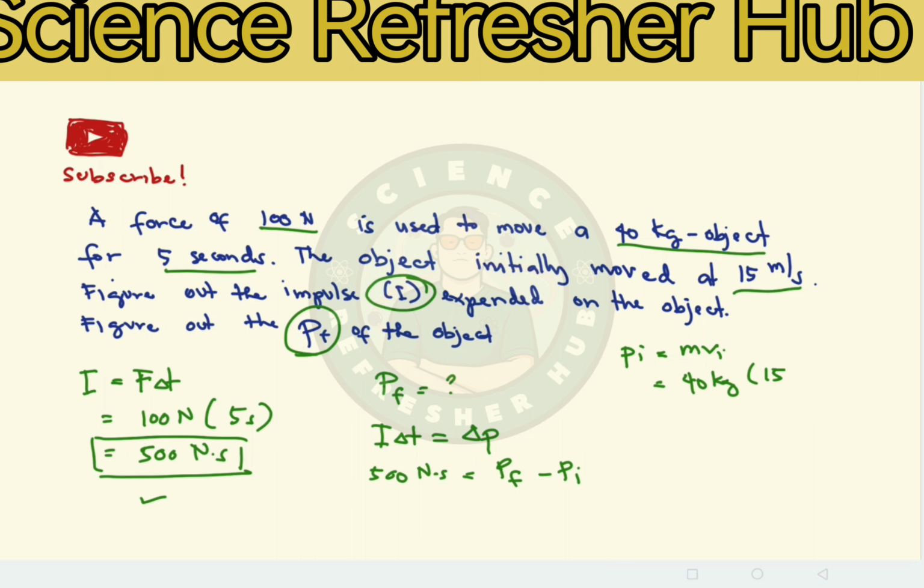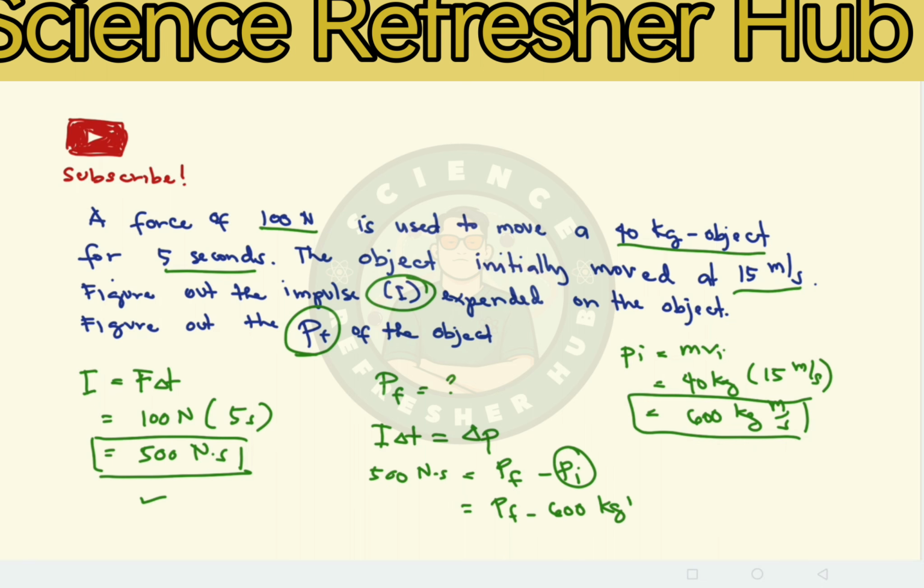So the mass is 40 kilograms and the initial velocity is 15 meters per second. 40 times 15 is 600 kilogram meters per second. So let's put this value here.